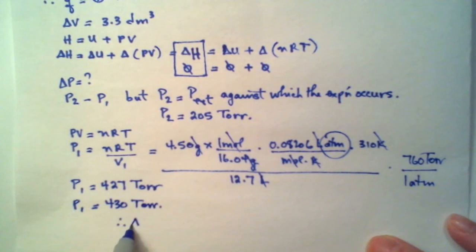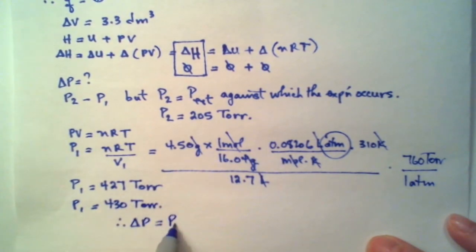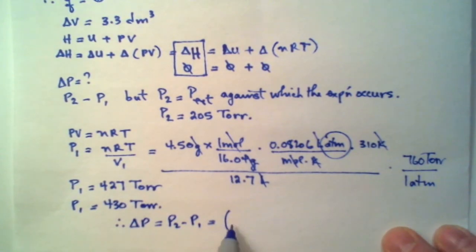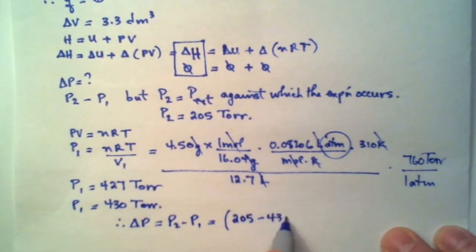And therefore delta P, which is P2 minus P1, is going to be a negative value. We had a pressure drop. 205 minus 430.